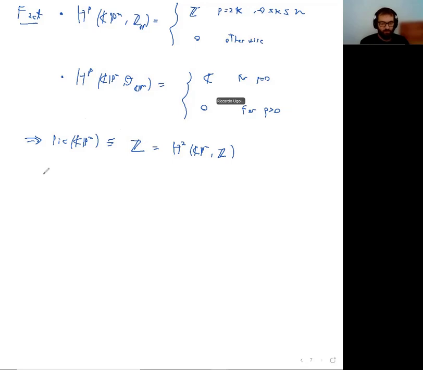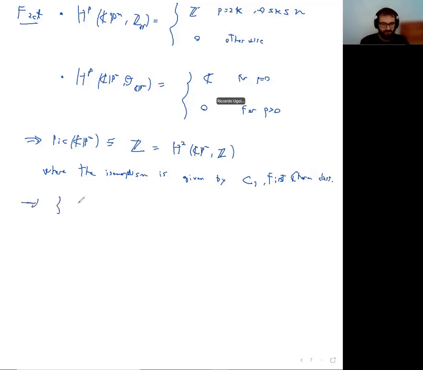And this isomorphism is not just any random isomorphism, but it's given by C1, the first Chern class.